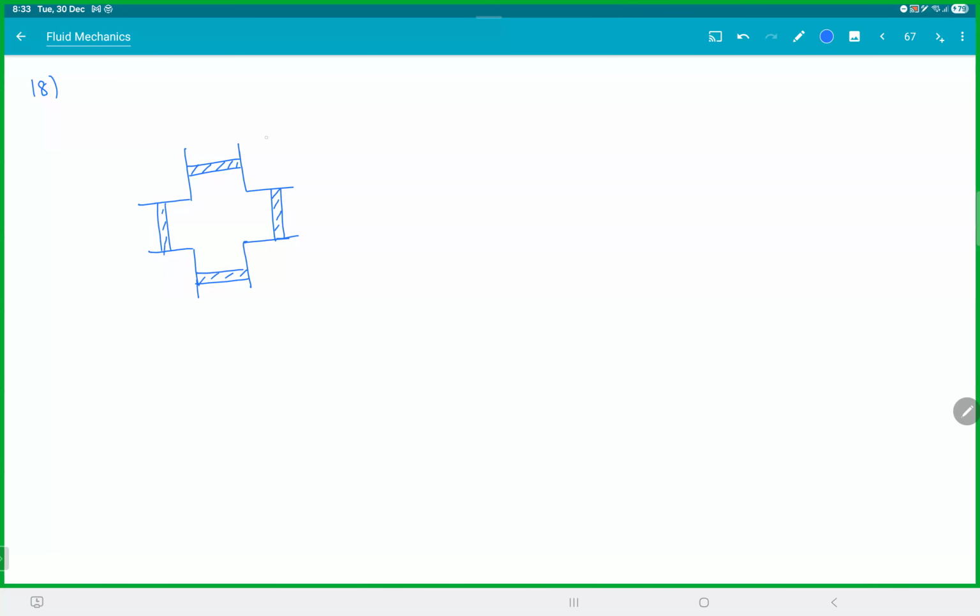We have pistons of area A, and the space between them is filled with a fluid. You're applying force F, force F, force F, and F. Let's call this point A.